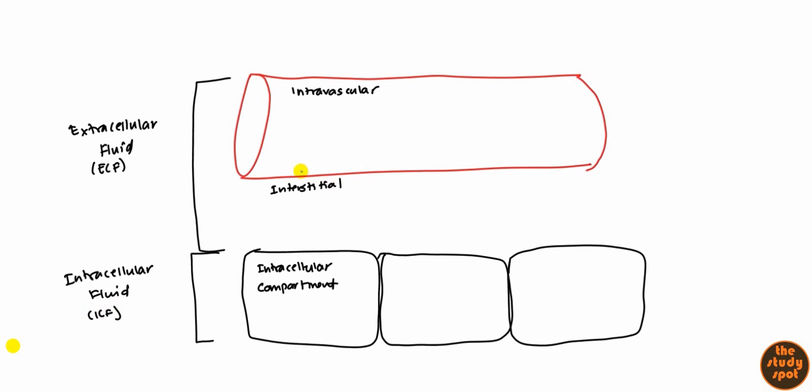Now you may be wondering, why are these two areas combined and this is not? Well, the biggest reason why we consider the intravascular space and the interstitial space as the same is because fluid moves freely. Water, all the electrolytes, glucose, everything moves freely in these two compartments.